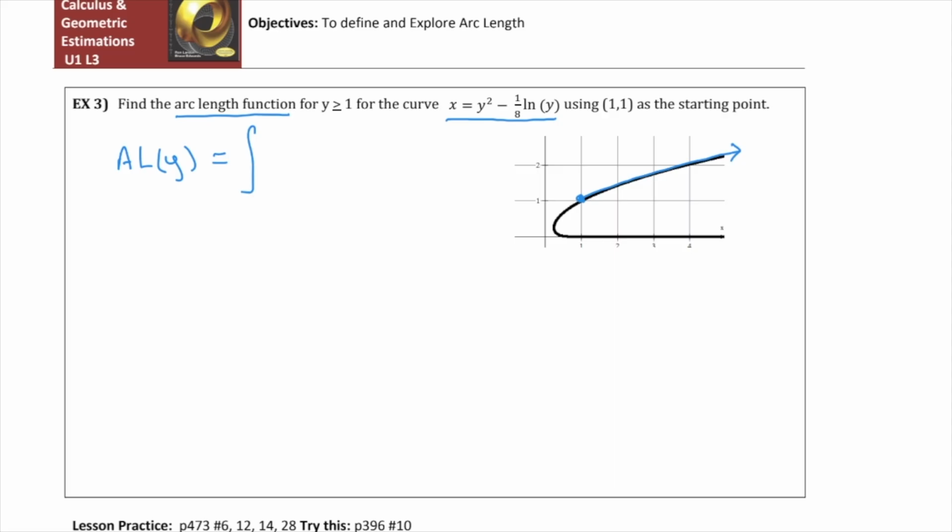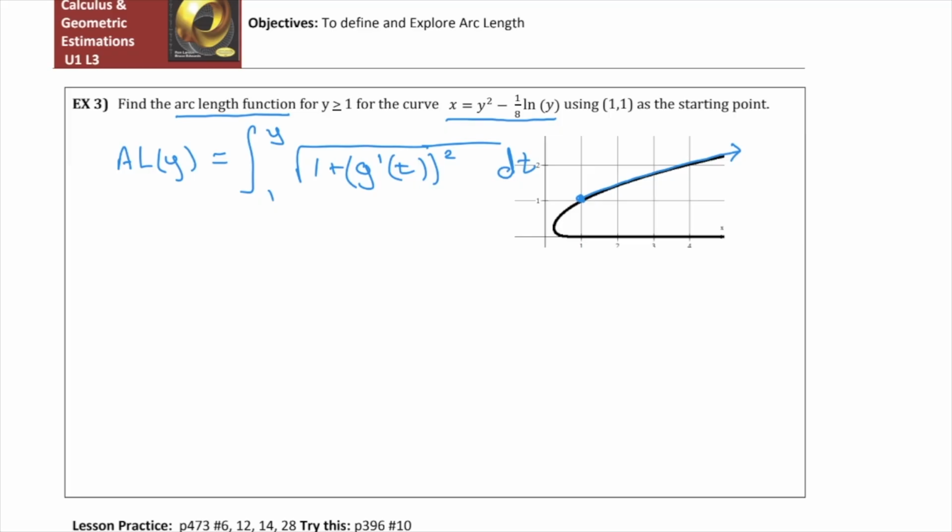So we're going to have the integral from 1 to some y value. Then we'll have the square root of 1 plus some g prime. Notice I'm going to use t in this problem because y is being used as an endpoint. So it's g prime of t squared, and then we'll put dt on the outside.